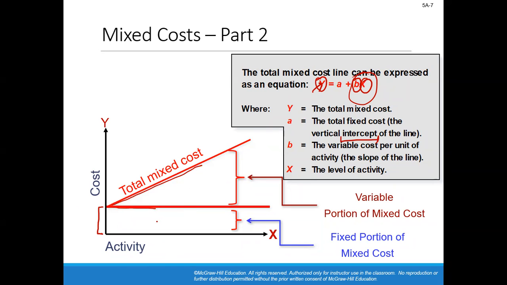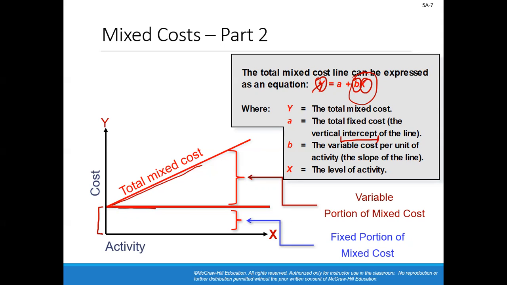Okay, so now what we need to do, as we have confirmed that this is an indication that total maintenance cost is a mixed cost, we can go for next step to find out or to separate out the fixed component and the variable component.